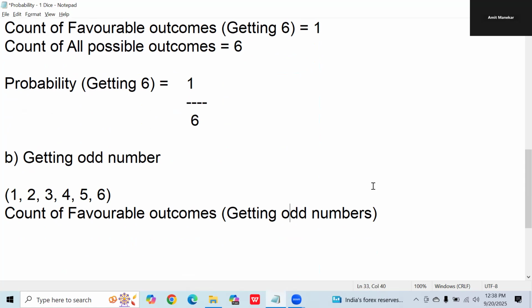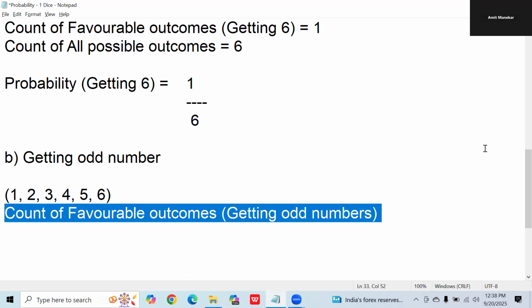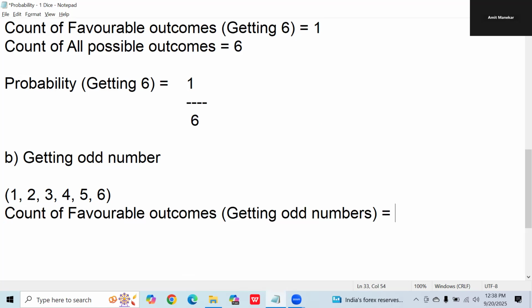Now when we say odd number, out of these, what are the odd numbers? 1, 3, and 5. We know that any number which ends with 1, 3, 5, 7, 9 is an odd number. So we have a total of 3 odd numbers. So the count of favorable outcomes for getting odd numbers is 3: 1, 3, and 5.